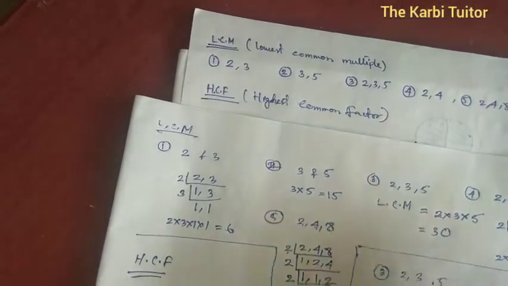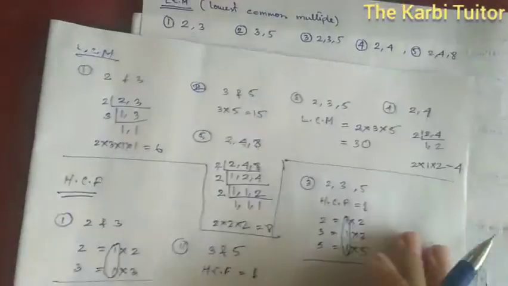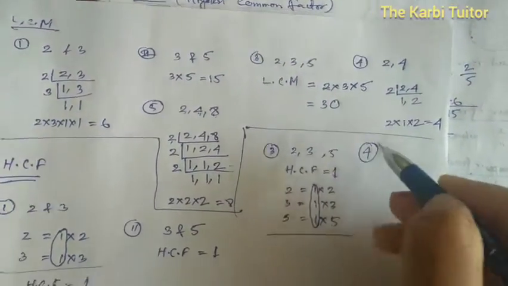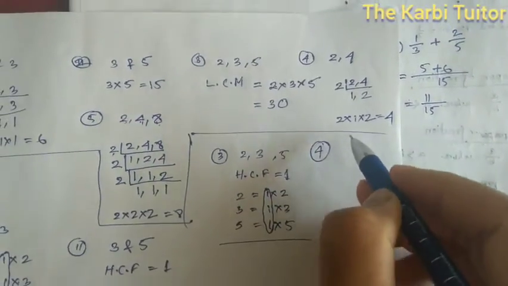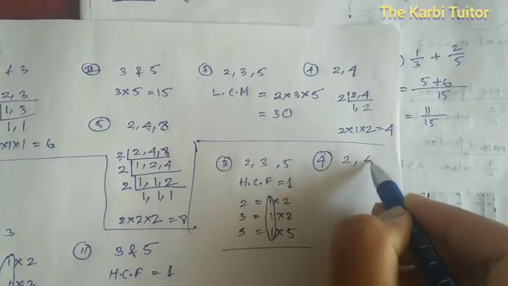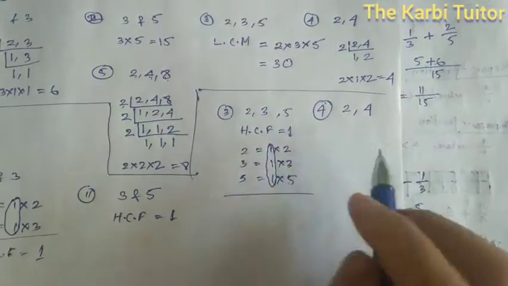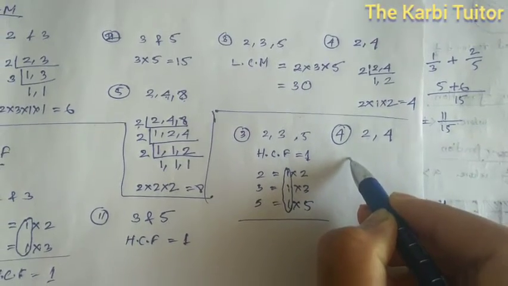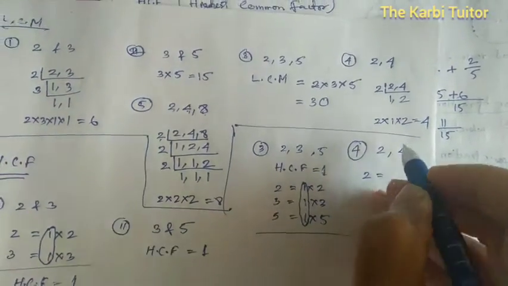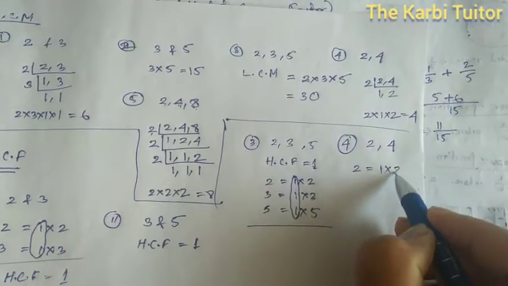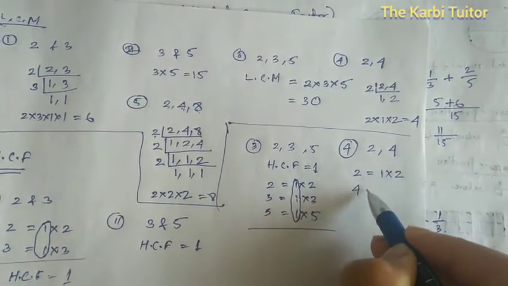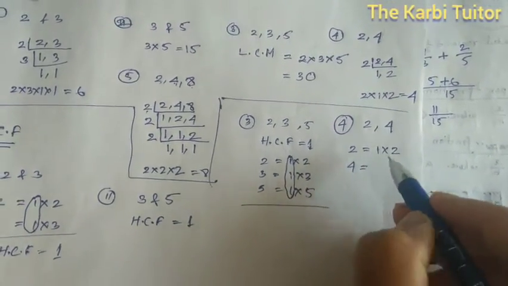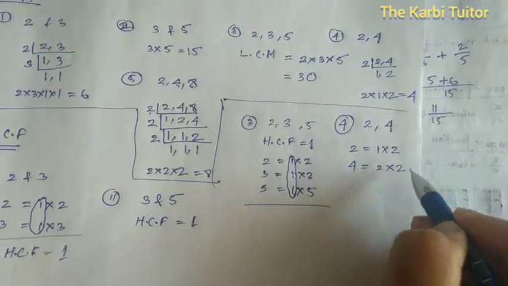Next, this one for 4. HCF of 2 and 4. 2 we can write as 1 into 2. Then 4 can be written as 2 into 2.